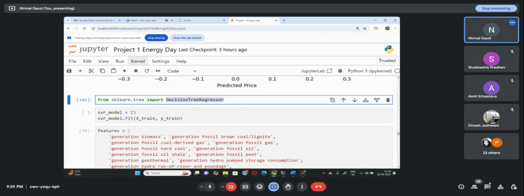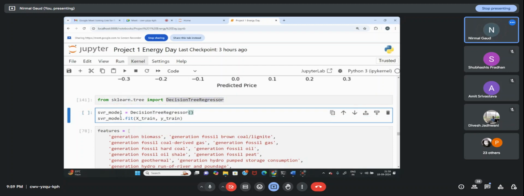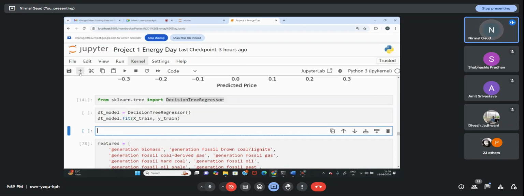Control C, Control V, and this will be DT model. Then later on, you can check the prediction from the DT model once it gets trained.